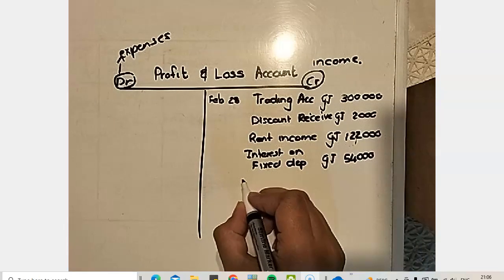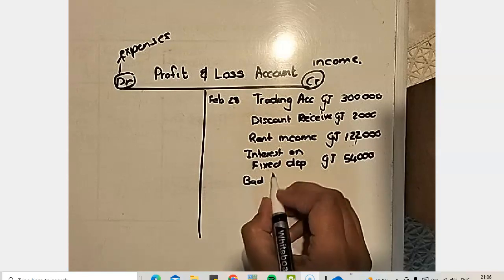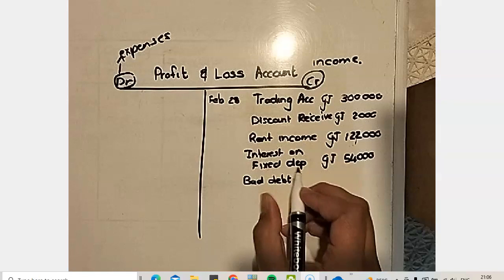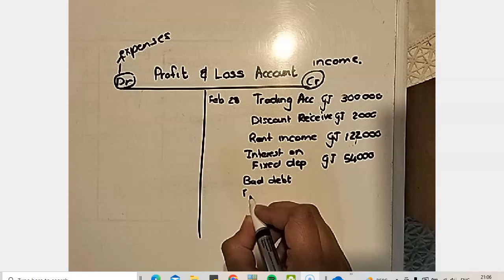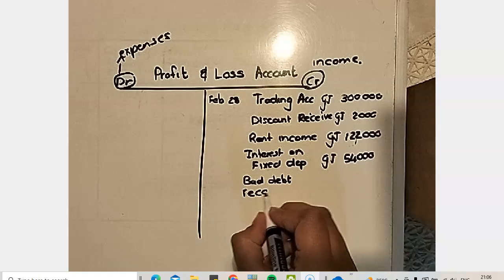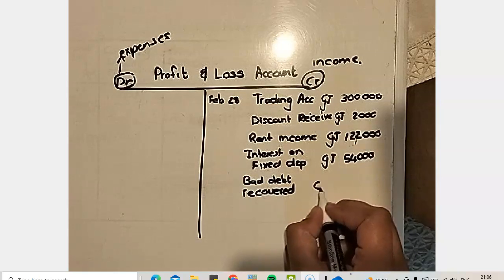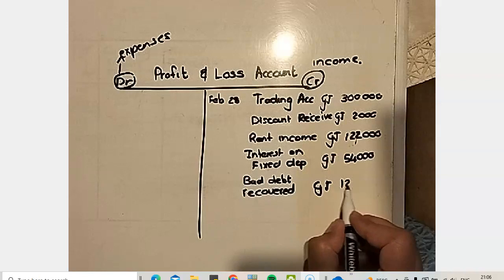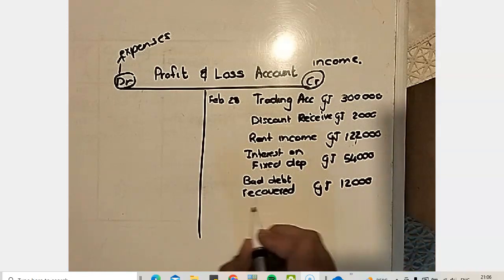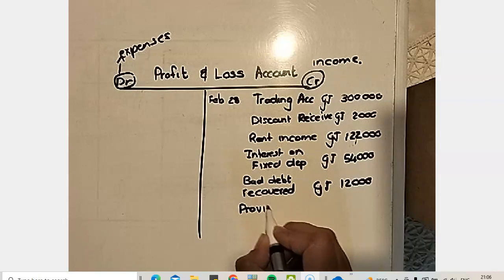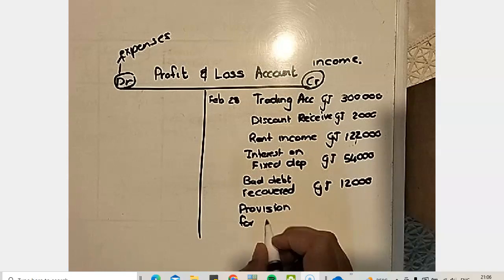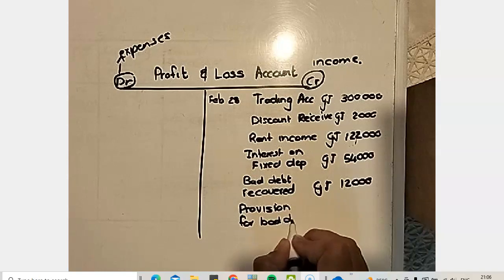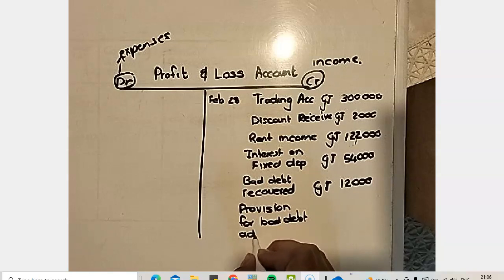Then you have bad debts recovered. Remember, bad debts recovered is when you actually received money from the debtor, whose amounts had previously been written off. So now it has been recovered. So it means my bank increases. You've got provision for bad debts adjustment.